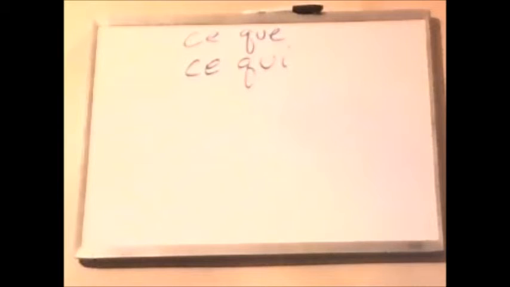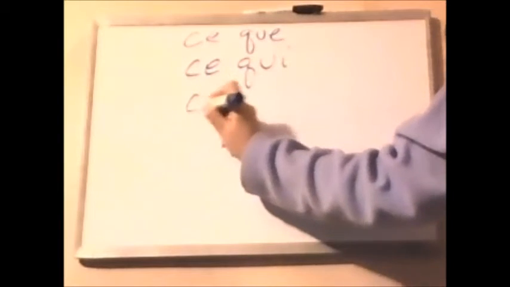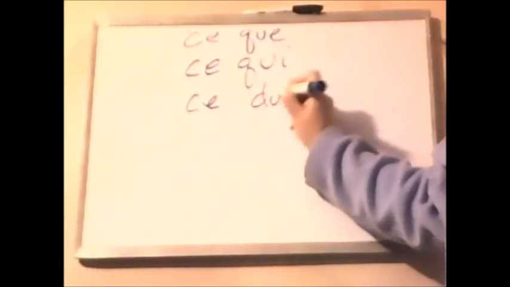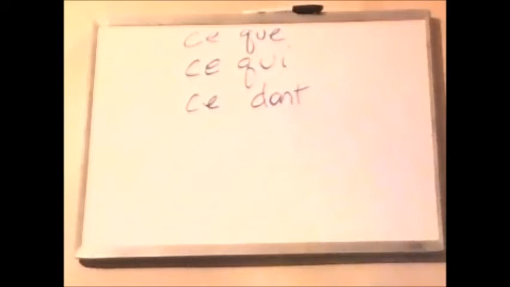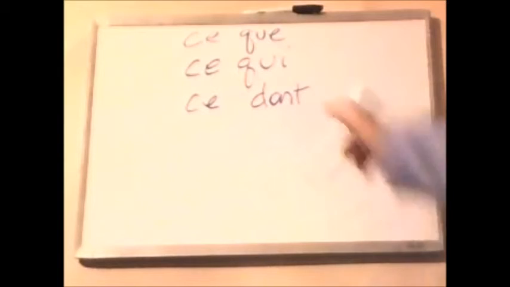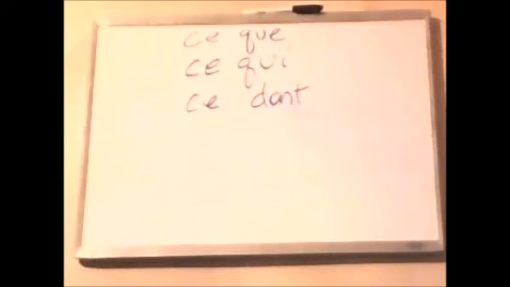Hopefully you said dont, so we need ce dont on this one. Because avoir envie de has that de in it, we have to use dont. Dites-moi ce dont vous avez envie. Tell me what you want.